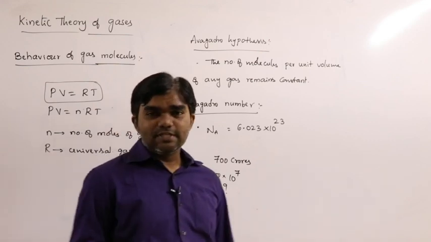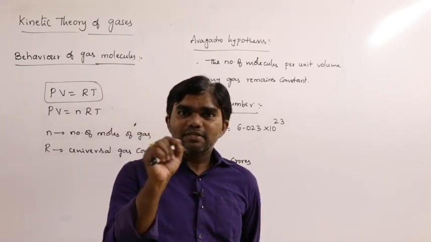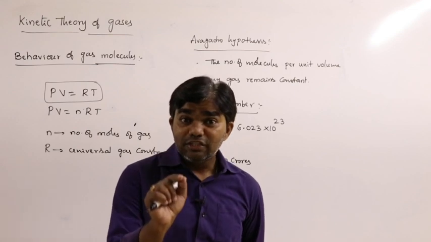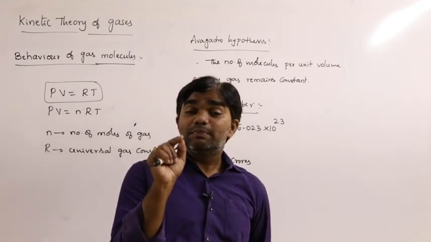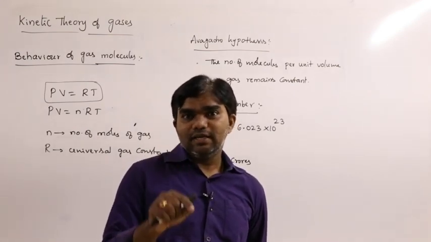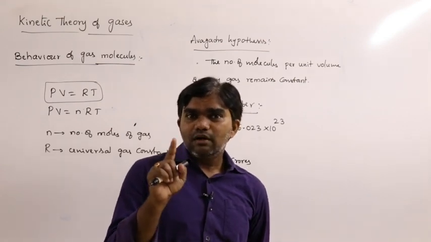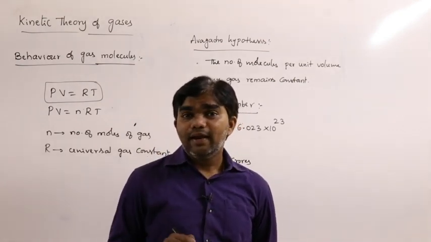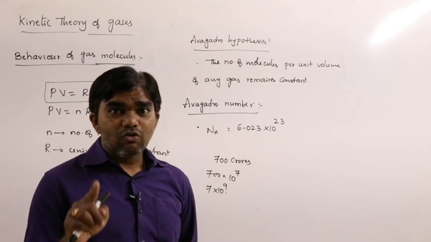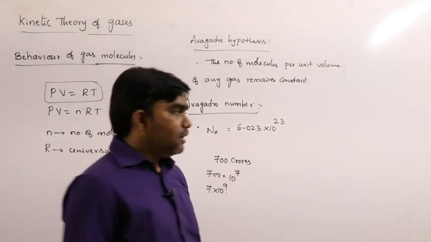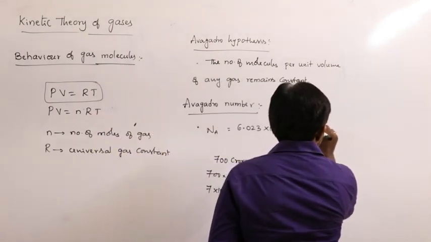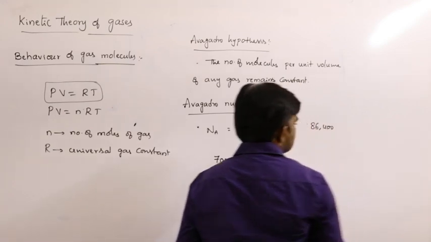Here, each person counts one number per second. How many numbers does one person count per day? Per day there are 86,400 seconds.